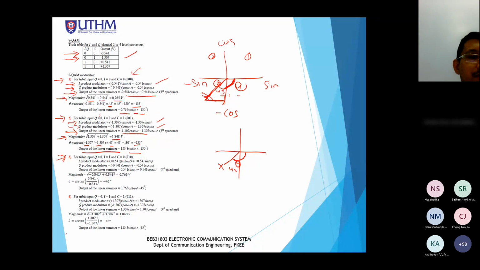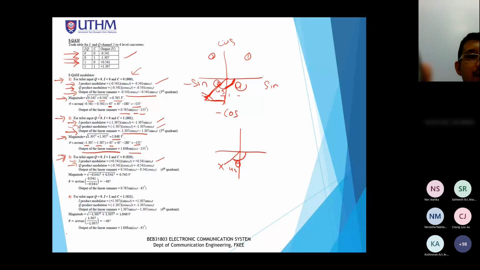For the third example, class, please see that the input now is 0, 1, 0. The I channel will produce positive 0.541 sine omega ct. If we see the truth table, it is actually the third row, 1, 0, which produces positive 0.541. And for the Q channel, it produces negative 0.541, which is the first row, 0 and 0.